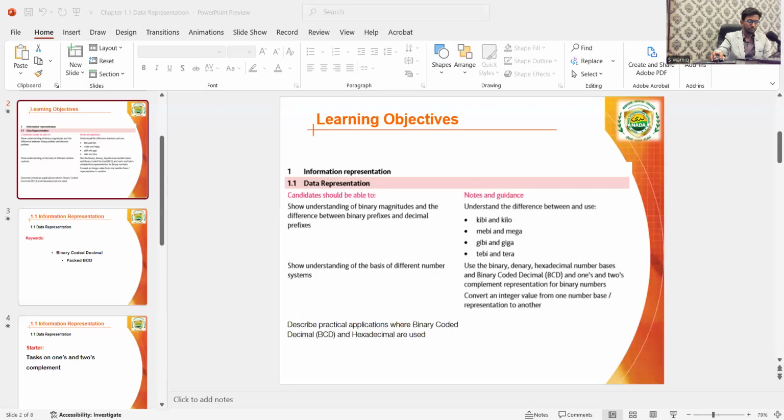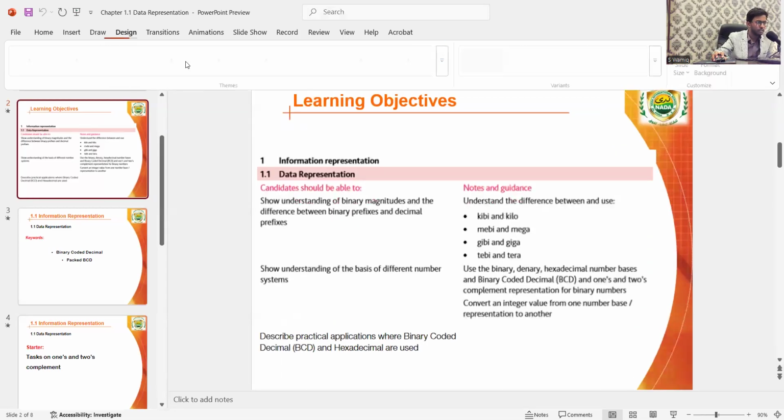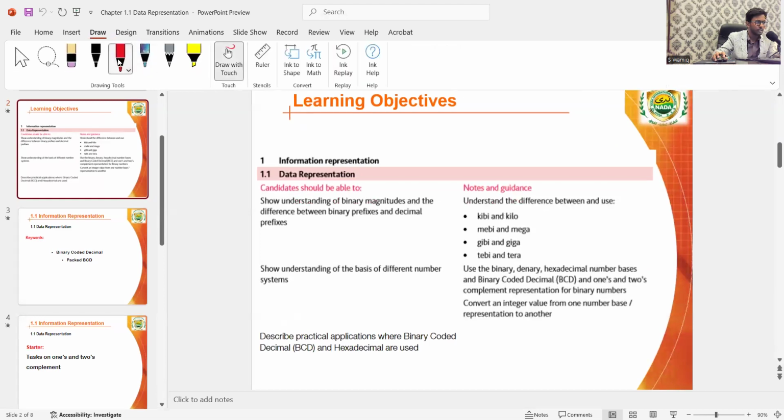Now, moving on to today's class, we are going to move further with the next learning objective. We have discussed the earlier topics, and this is done.